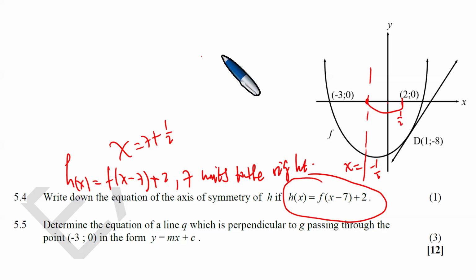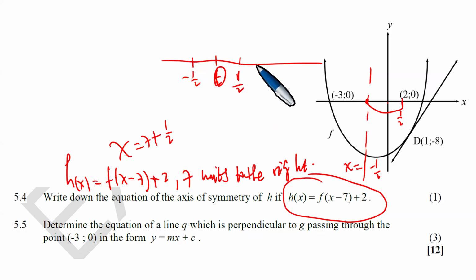So at this point, let's just do this carefully. We can do it on a number line here. Minus 1/2, 1/2, 0, 1/2, 1, and then there's 1.5, 2, 2.5, 3, 3.5, 4.